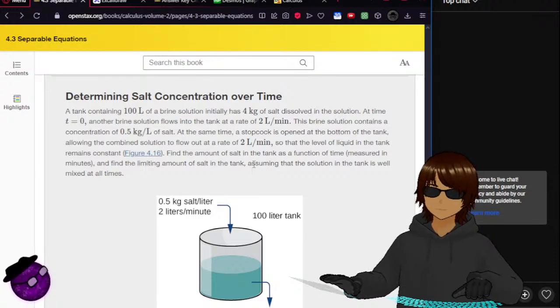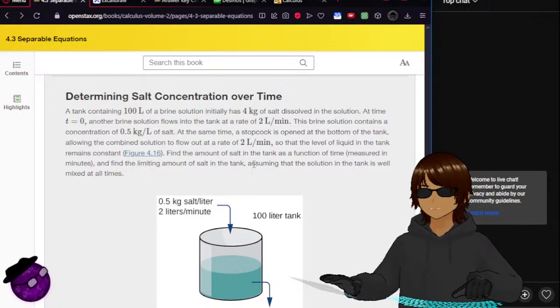Okay, this brine solution contains a concentration of 0.5 kg per liter of salt.